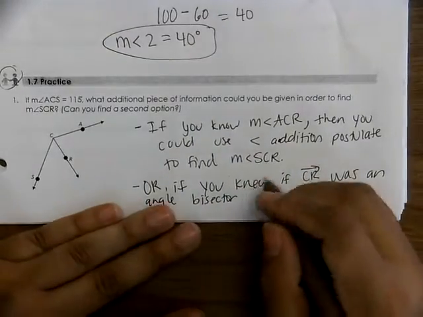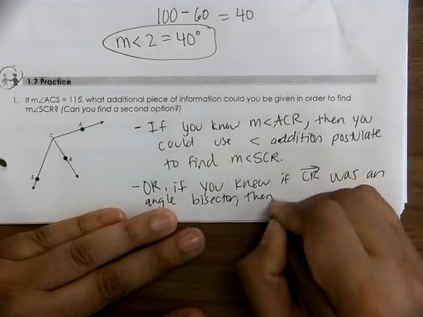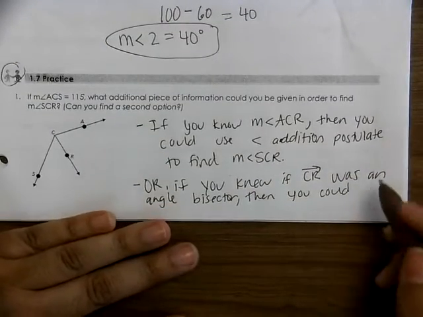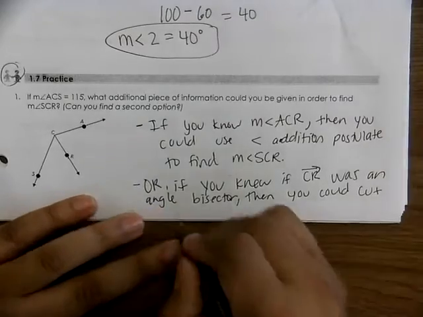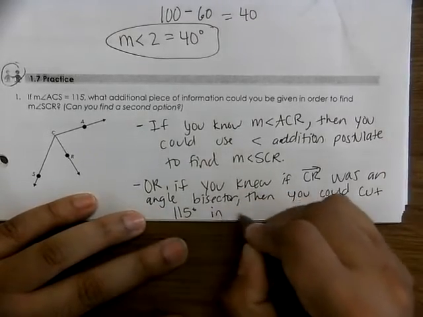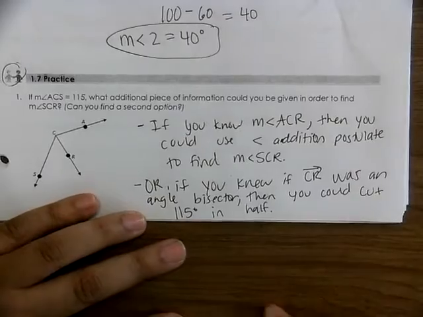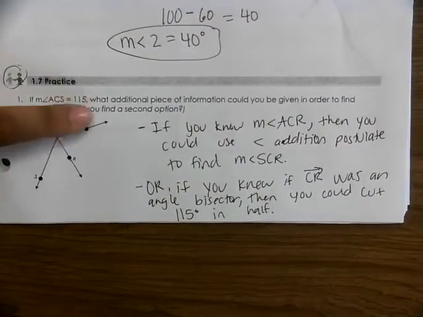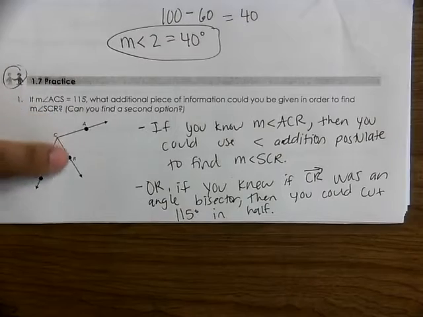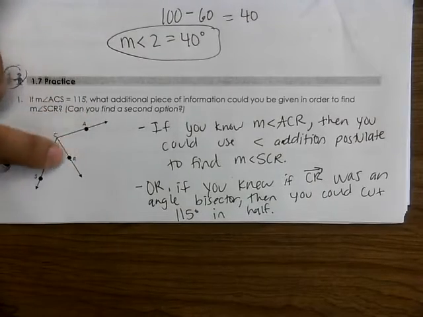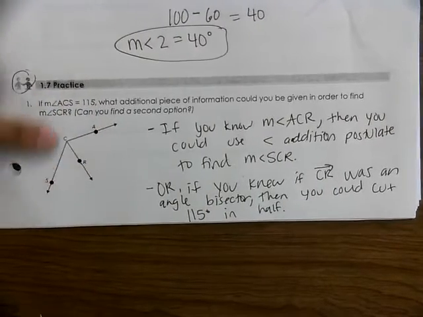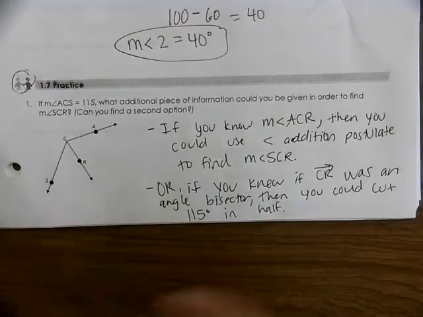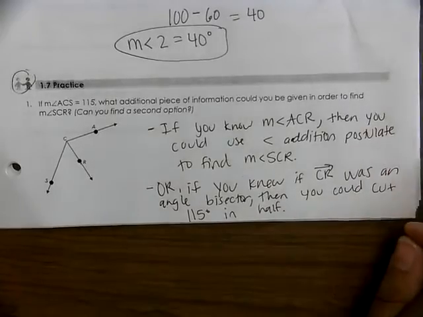If that was the case, then you could cut 115 degrees in half, because an angle bisector would give you equal halves here. If we knew that this was being bisected, only then would we know that we could take 115 and cut it in half. So lots of information missing here. With only knowing ACS is 115, we really can't go on to do anything at all.